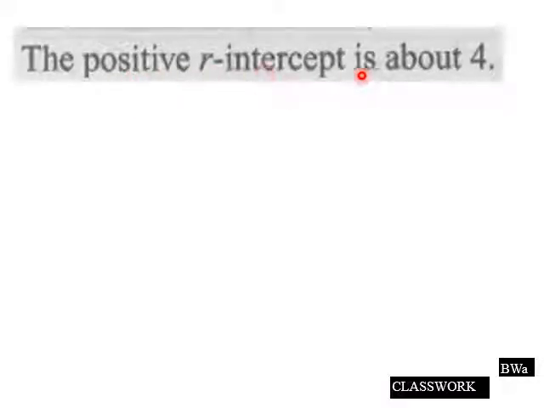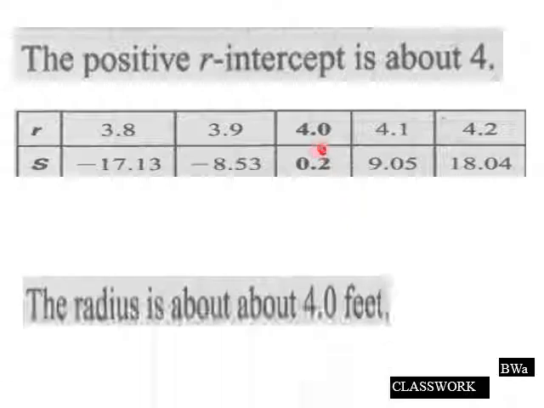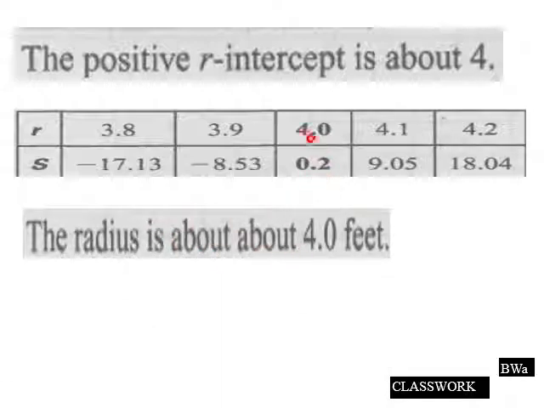The positive r-intercept is about 4, so here is a table of values for this situation, r and s. The r-intercept here is about 4. So the radius will be about 4 feet for that solution by graphing it.